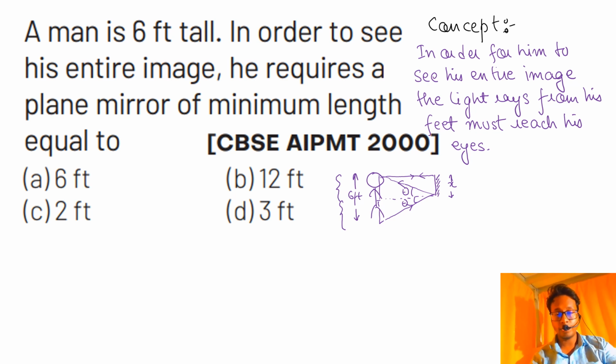So x plus x is 2x, which is nothing but 3 feet. This is also 3 feet. If this length is 3 feet, this much length is also 3 feet. So x is also equal to 3 feet. Our correct answer would be option D, or 3 feet.